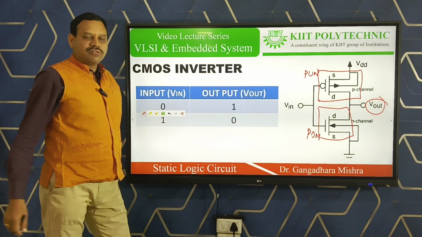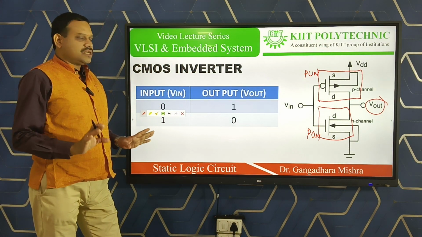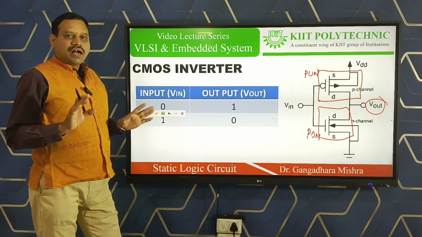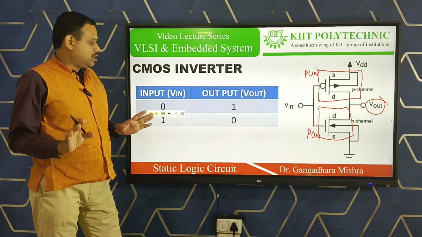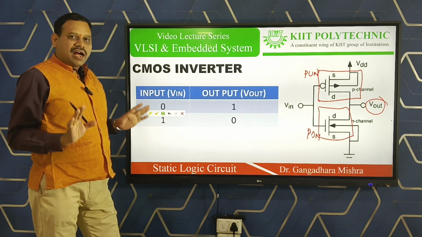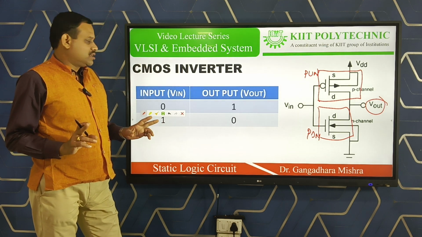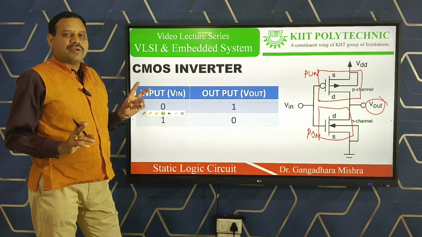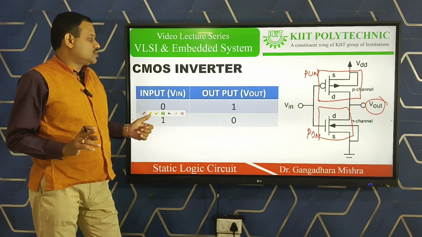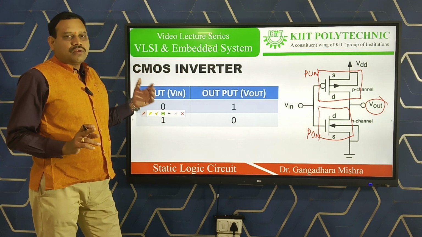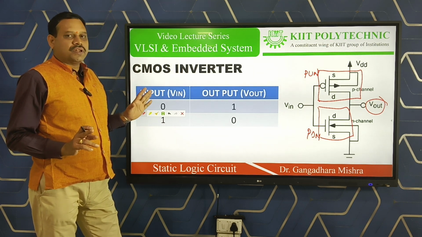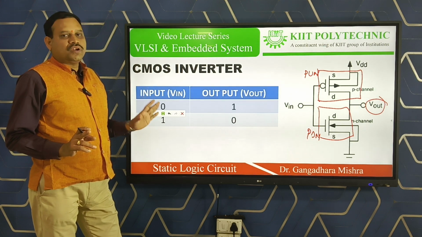Let us see how the connections are made and how it responds to the input criteria. As there is a single input, it may be at logic 1 state or logic 0 state. Let us see for each input condition how the output is driven.